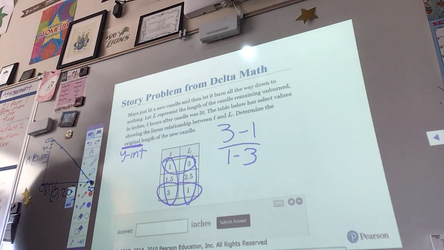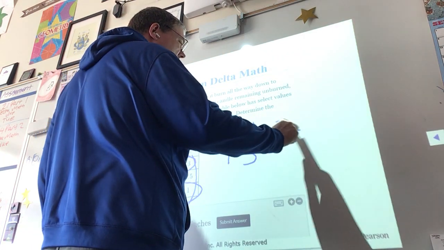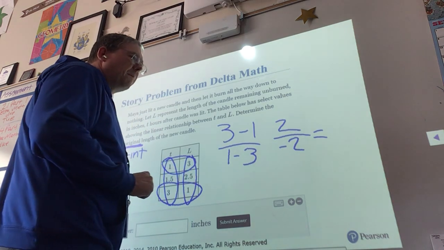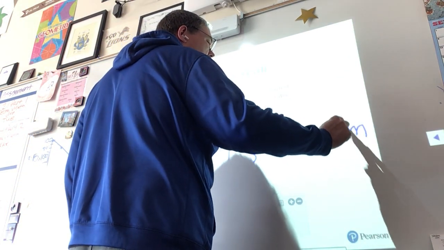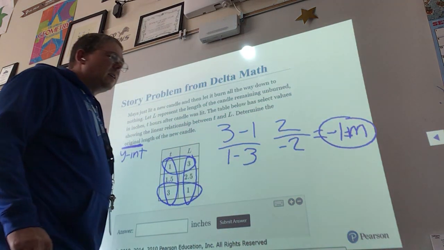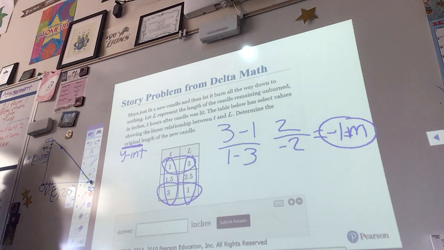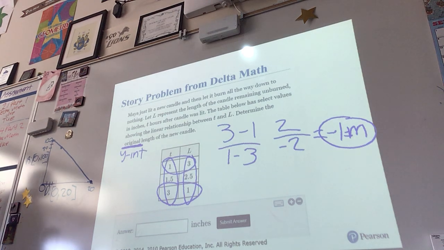Leilani, 3 minus 1? 2. And 1 minus 3? -2. And what does that simplify to? -1. So -1 is my slope. What that means is every hour my candle burns down 1 inch. So I'm cutting an inch off my candle every hour I burn it.